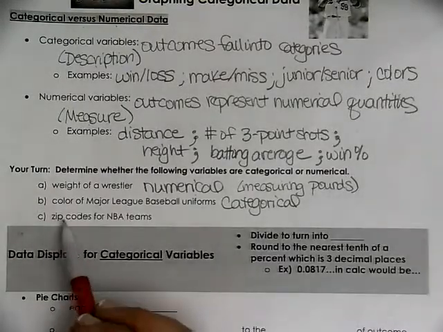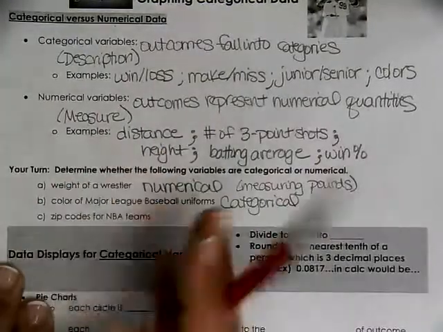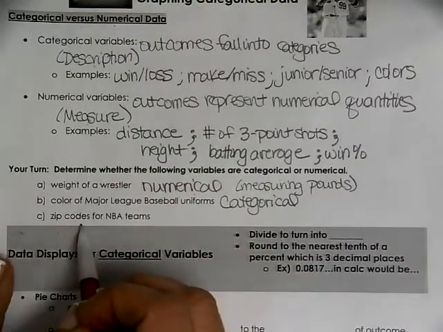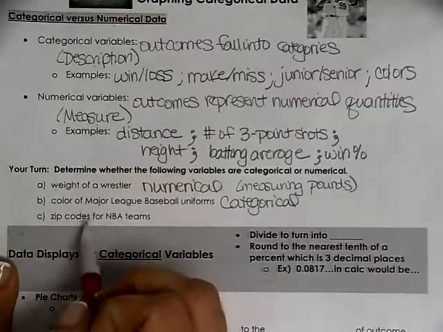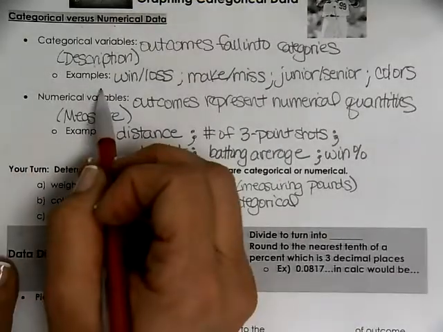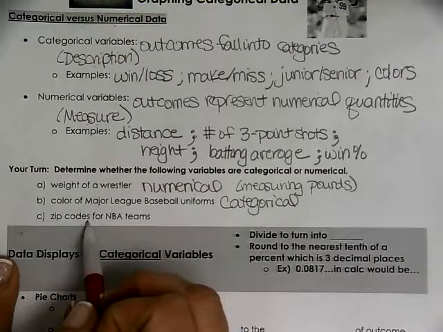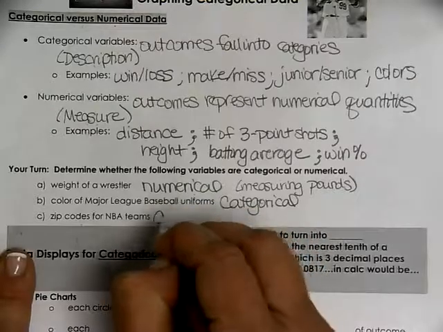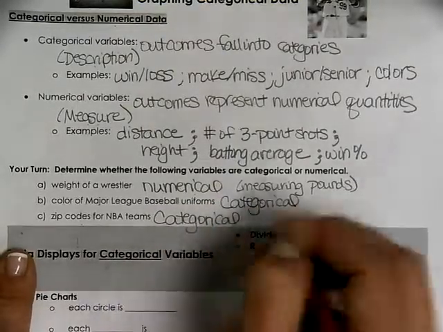How about letter C, zip codes? Zip codes are numbers, let me put it that way, but do those numbers measure something, or do those numbers describe something? Zip codes don't measure anything. So even though zip codes themselves are numbers, zip codes for NBA teams would be categorical, okay?